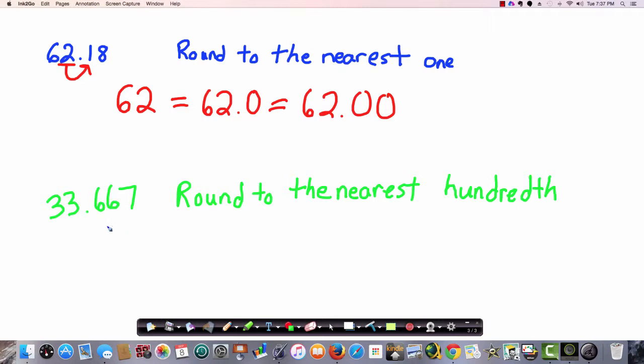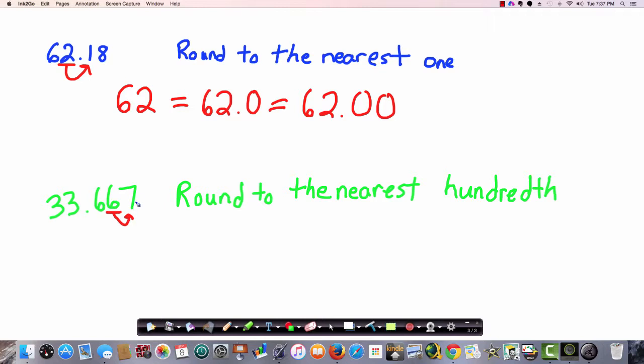Okay, so let's look at the number again. So I know that the first value to the right of the decimal is the tenth, and the second value is the hundredth. So I'm going to underline the one in the hundredth category, or place value, and then I'm going to draw an arrow to the next number.